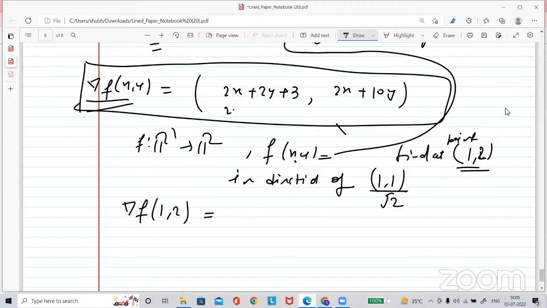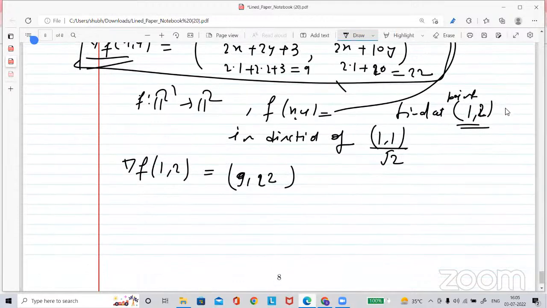This is 2 into 1 plus 2 into 2 plus 3, which gives 9. And this is 2 into 1 plus 10 into 2, which is 22. So the gradient of the function at point (1, 2) is (9, 22).